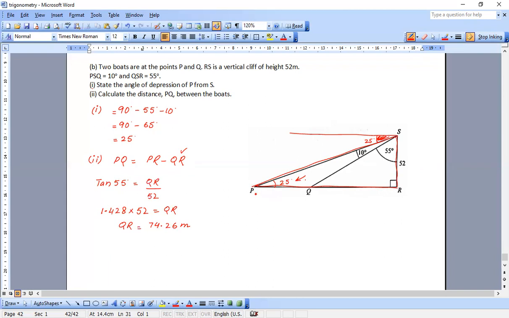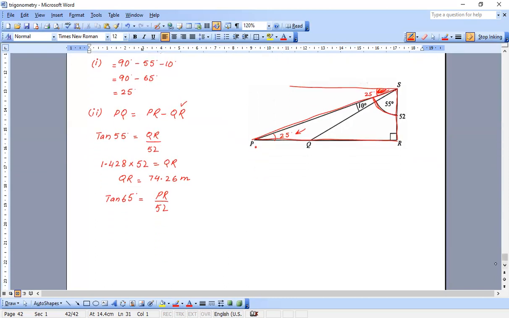So this angle can help me find the length of PR, or maybe this entire angle can help me, which is 65. That choice is mine. So let's use 65 degrees as our angle, and I'll use tangent 65 degrees is equal to opposite, which is PR, upon adjacent, which is again 52.